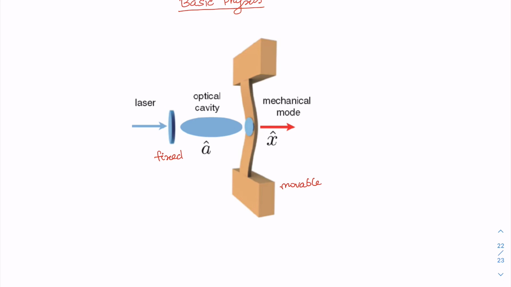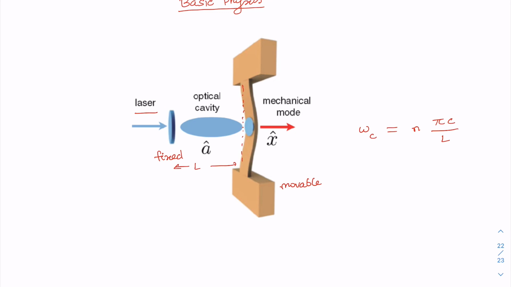Now if this mirror is not moving, say the length of this cavity is L, and in that case, as we know from our lesson on the Fabry-Perot cavity, the laser light will be able to enter the cavity provided this resonance condition is satisfied, where omega c is equal to n pi c by L.